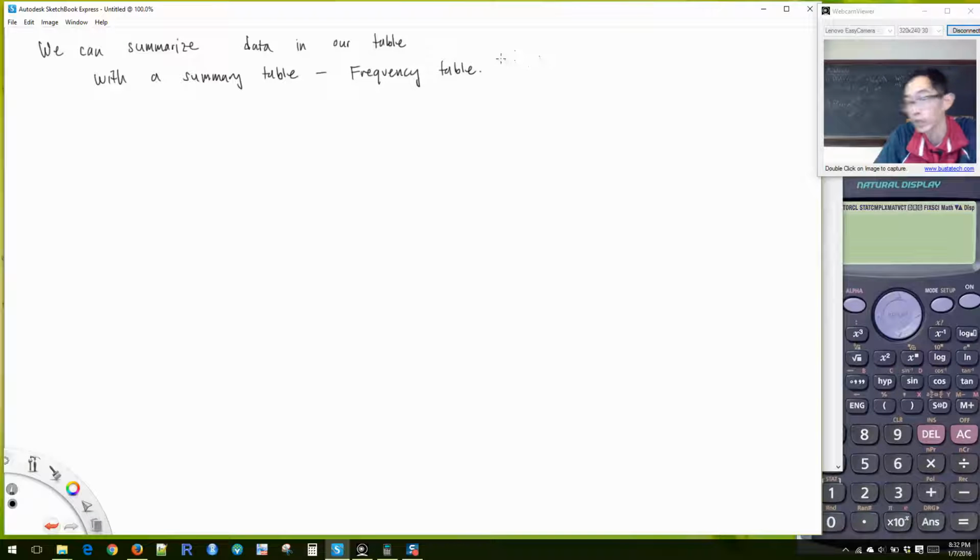A frequency table exists for both categorical and numeric data. So we can create a frequency table, and for categorical data, it would look something like this.